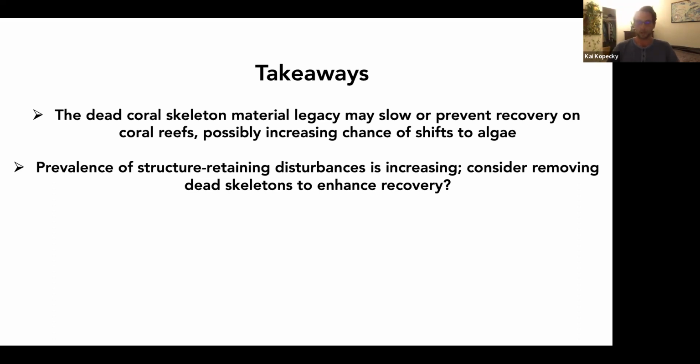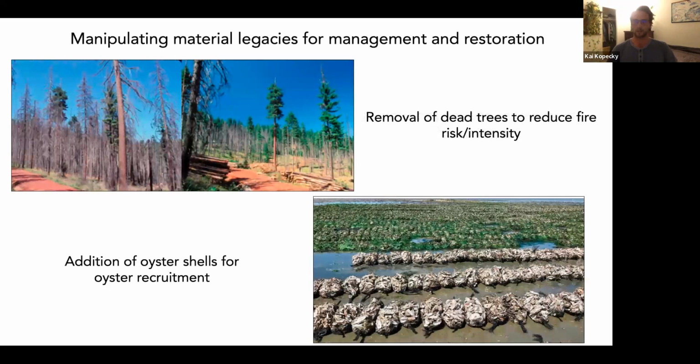But what's promising is that in other ecosystems where you have these material legacies, people have already been doing a similar type of idea, depending on what role the material legacy plays. So in forests, when you have a big drought or an outbreak of what we call bark beetles, that will kill a whole forest, or lots and lots of trees.